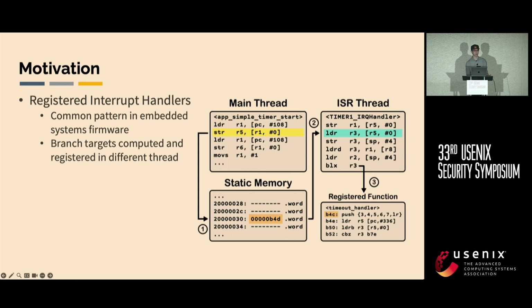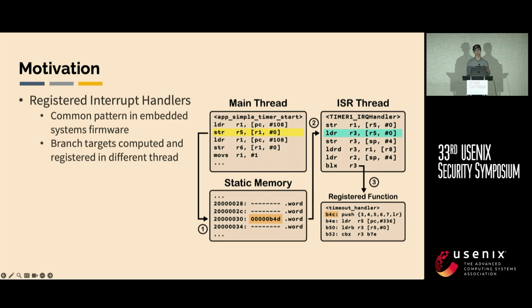So embedded systems, in particular, tend to have a callback pattern for registered interrupt handlers. This pattern is where programmers have defined some handler function that they want to be triggered on some hardware event. So they call a registration function from the SDK.